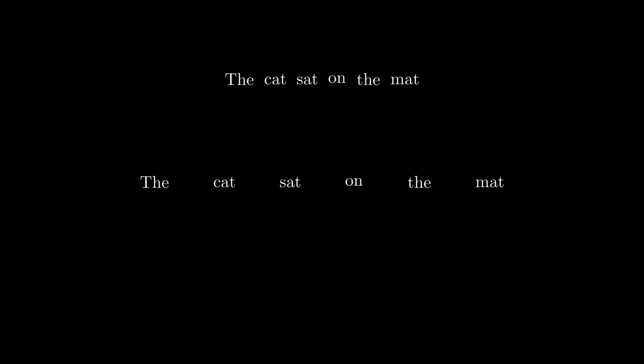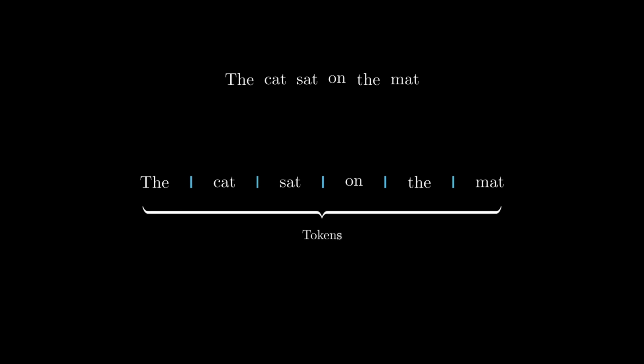Each word is separated out from its neighbors. This process of dicing the input text into a sequence of these pieces is called tokenization, and each one of these pieces is called a token. In this simple case, each token is a word. The is a token. Cat is a token. Mat is a token. This list of tokens is the first structured representation of our original sentence.